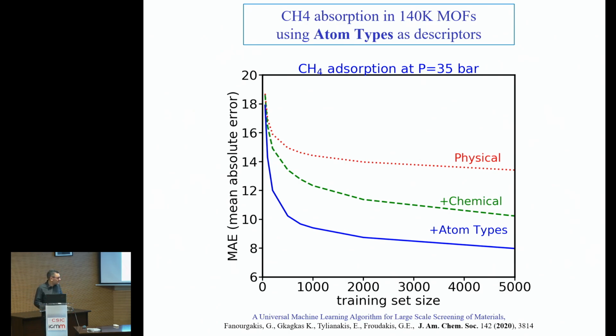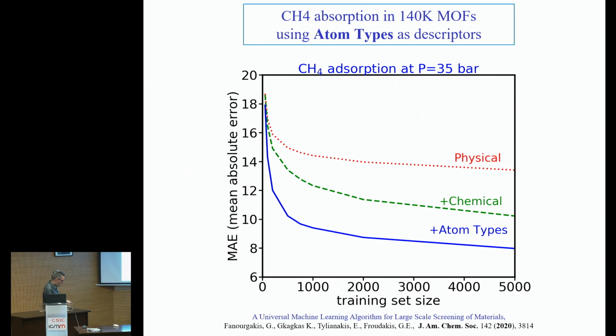And you can see here, this is when we studied methane adsorption in MOFs using physical descriptors, chemical descriptors, and atom types. This is the error, and this is how we increase the training set. You can see that with physical and chemical descriptors the error is quite high, while if you use atom types, the error drops very rapidly when you increase the training set.